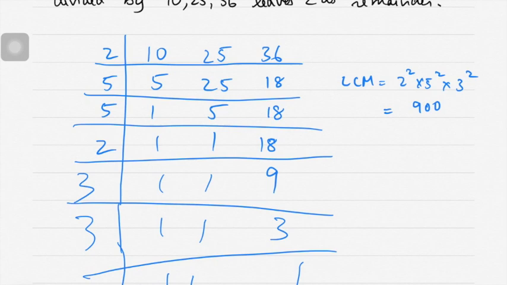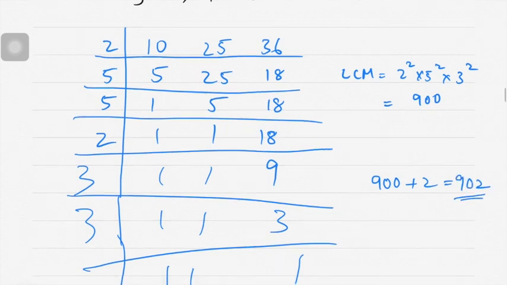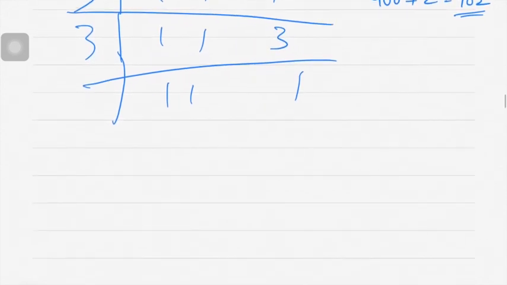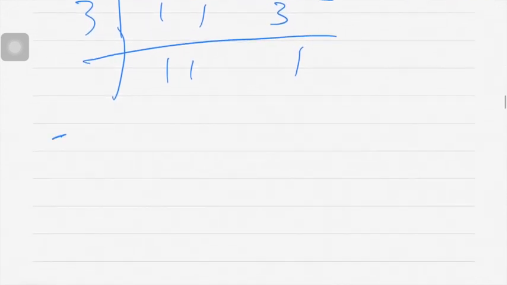So the LCM is 900. But you are not asked the LCM. They want a remainder of 2. So the number would be 900 plus 2, which is 902. So 902 is the final answer. Okay. So write down.